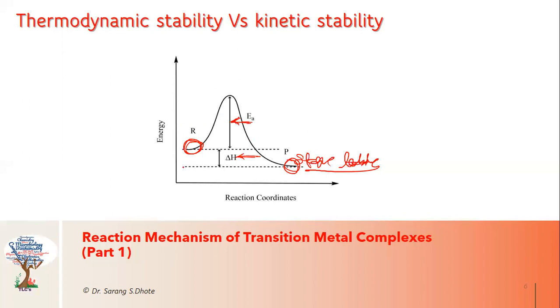If suppose the product has higher energy, let me show the product like this. Here, if the product is formed, what is the product's energy? Higher as compared to the reactant. So this product will be unstable. Because, thermodynamic stability versus kinetic stability.